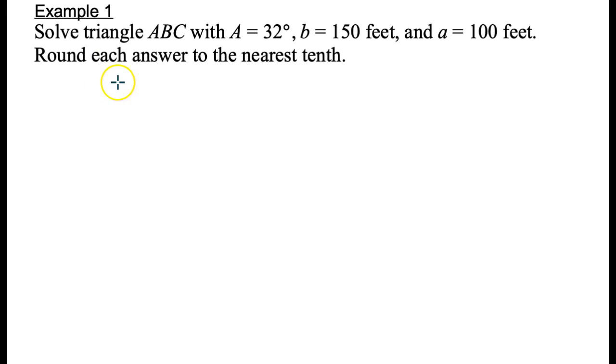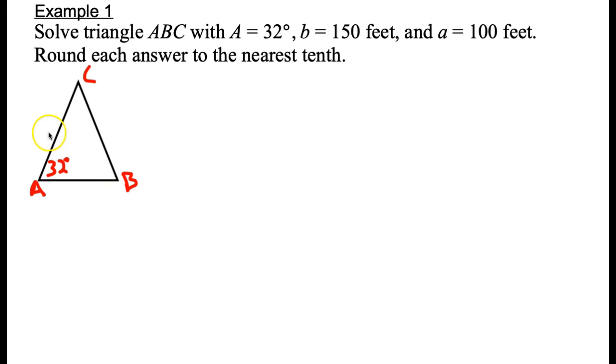I'm going to draw a triangle real quick here, with vertices A, B, and C. So we know angle A is 32 degrees, and side B is opposite angle B, so that's 150, and side A is 100.